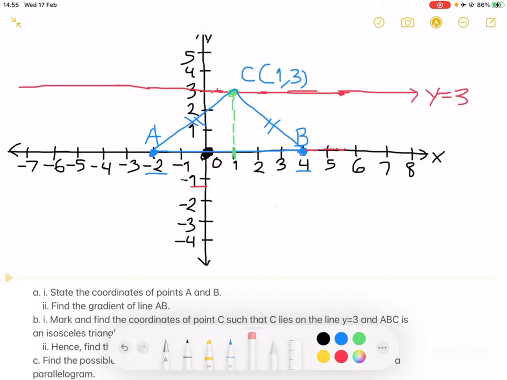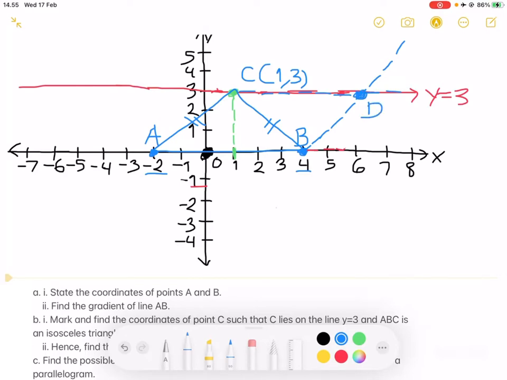So let's just implement that in the problem. Let's draw a line which has the same gradient, or in other words, it is parallel to the line segment AC. So let's just extend this right here, and then let's draw a line segment that is parallel to AB. And that point of intersection is where point D is.